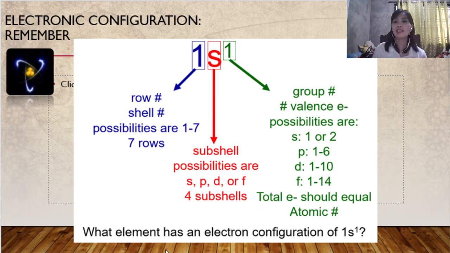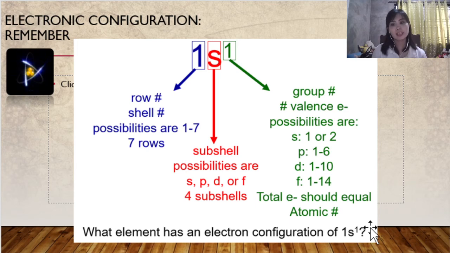Okay. Now, what element has an electron configuration of 1s1? So, 1, meaning to say, makikita ito sa row 1. Okay, nakita niyo na ba? Row 1. Pinakauna siya. Then, S. So, sa ato pa, na siya sa S level.